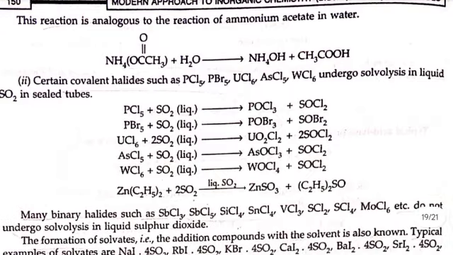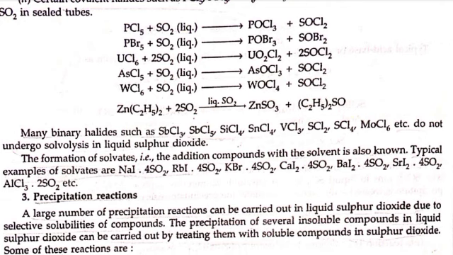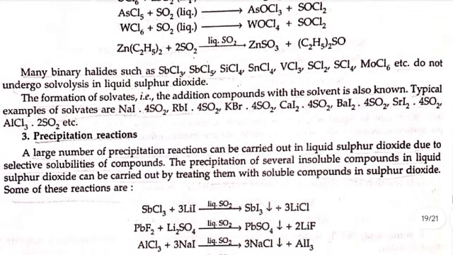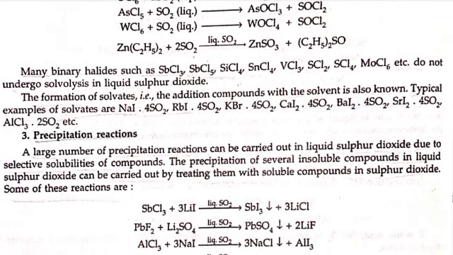Certain covalent halides such as PCl5, PBr5, UCl6, AsCl5, WCl6 undergo solvolysis in liquid SO2 in a sealed tube. Many binary halides such as SbCl3, SbCl5, SiCl4, SnCl4, BCl3, SCl2, SCl4, MoCl6, etc. do not undergo solvolysis in liquid sulfur dioxide.